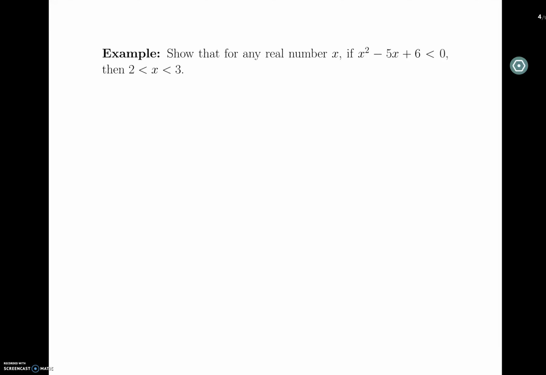Let's do one more. Let's show that for any real number x, if x squared minus 5x plus 6 is less than 0, then 2 is less than x is less than 3. So, again, let us write the contrapositive statement.